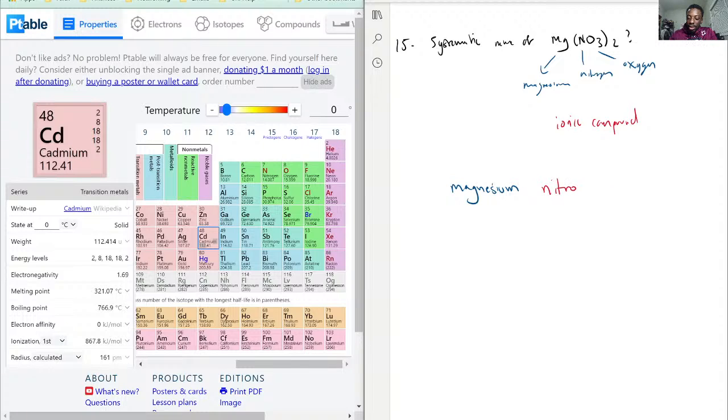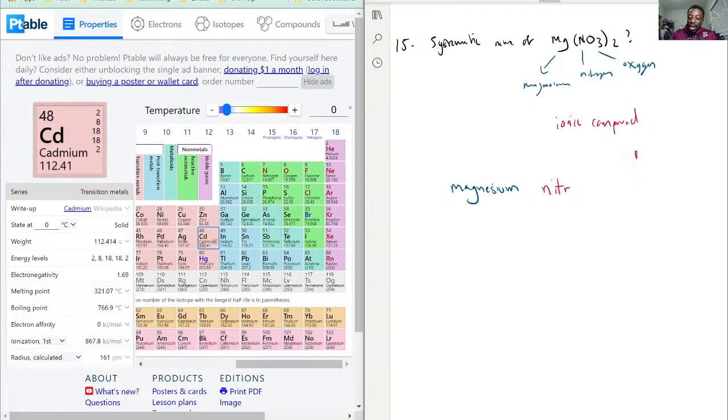Instead of being nitrogen, it drops that part, and once you start involving a certain amount of oxygen, it becomes nitrate. For nitrate to exist, it's NO3. There's also nitrite, which is NO2. But you have to recognize that when you see a nitrogen paired with 3 oxygens, that would be nitrate.